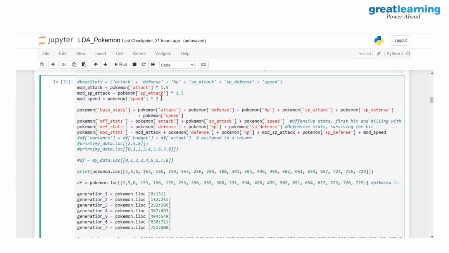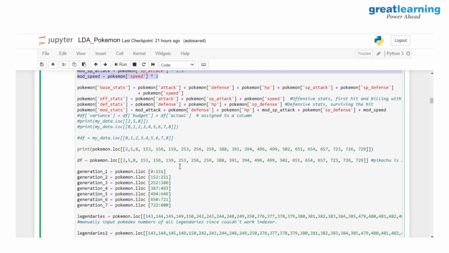So here the idea is, we are overemphasizing the attack strategy so that we can kind of compensate for the defense pieces as well.